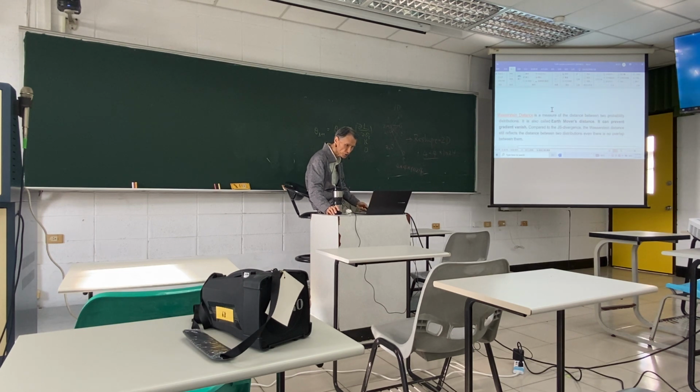So here comes the Wasserstein distance. If you are interested, you can look for the detail. It uses the so-called Earth mover's distance.